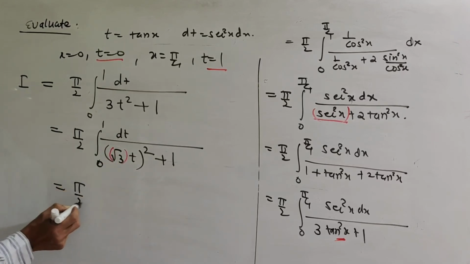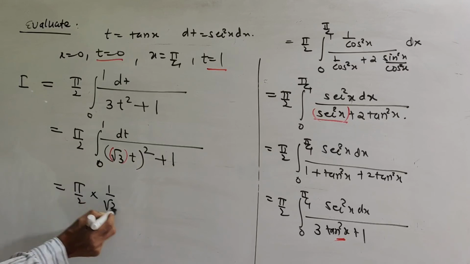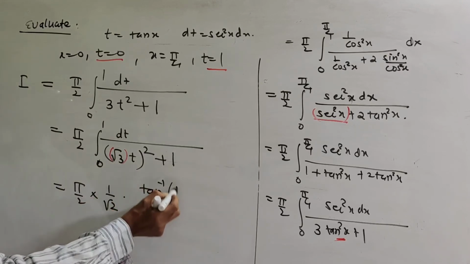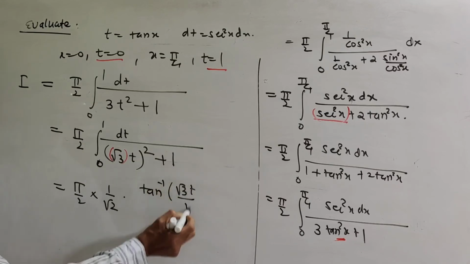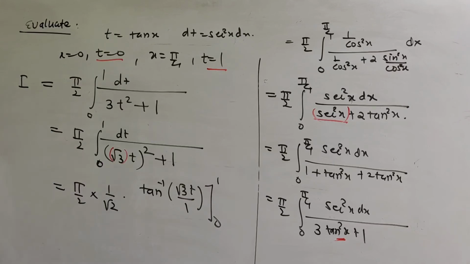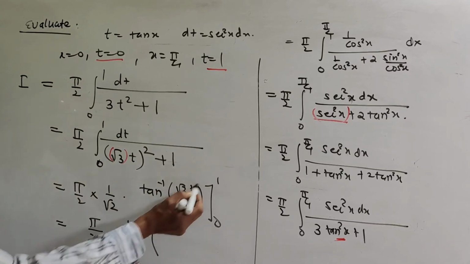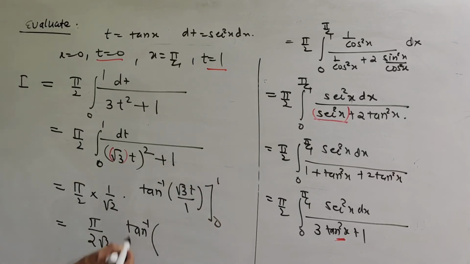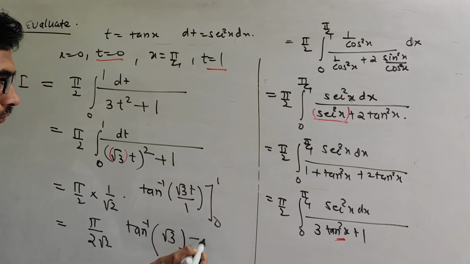So pi by 2 into 1 by root 3 into tan inverse of root 3t, limits 0 to 1. Tan inverse of the upper limit root 3 into 1, minus tan inverse of 0, which is 0.